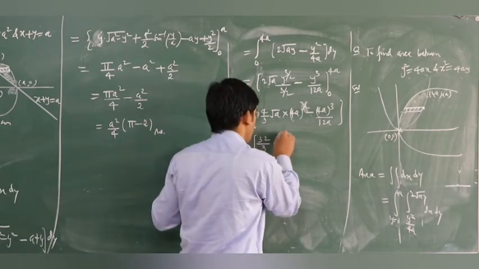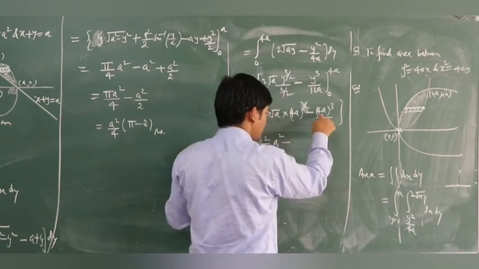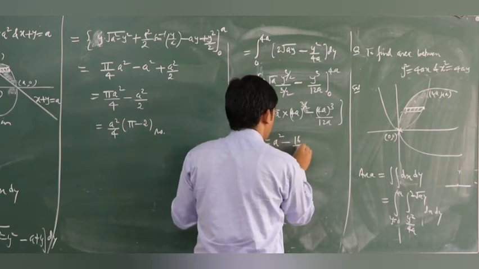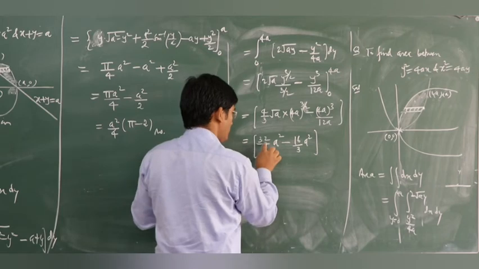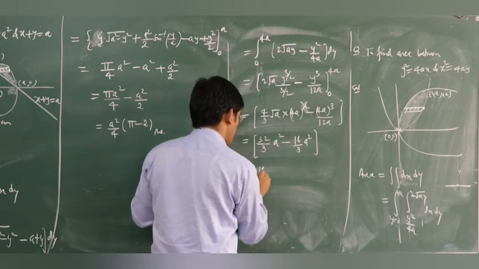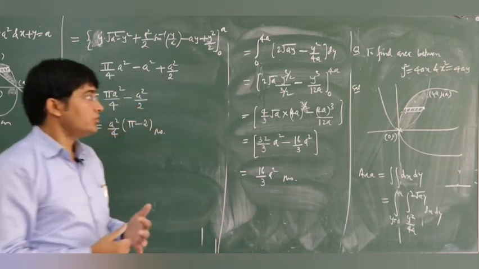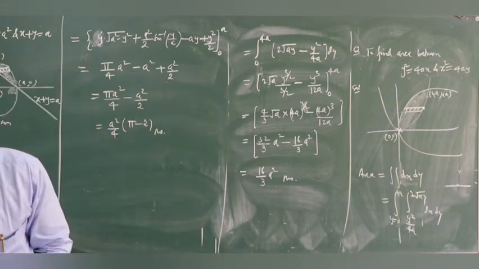So this is a square. Again, this will be 64, so this will be 16 upon 3 a square. So 32 minus 16 will be 16 upon 3 a square. So this is the area between these two parabolas, and your answer is 16 upon 3 a square.